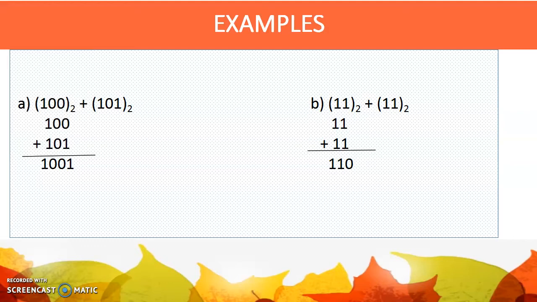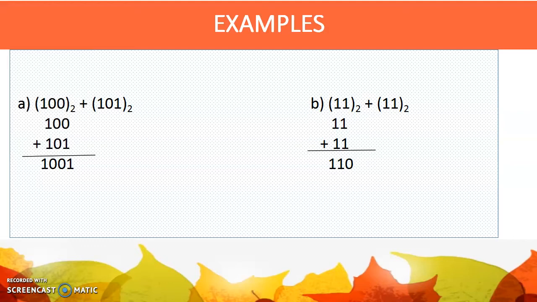Now you have to write it as you perform the addition in decimal numbers, like I have written it here. We will start with the rightmost digits. The rightmost digits are 0 plus 1. According to the rule, 0 plus 1 is 1. Then we have 0 plus 0. Again 0 plus 0 is 0.